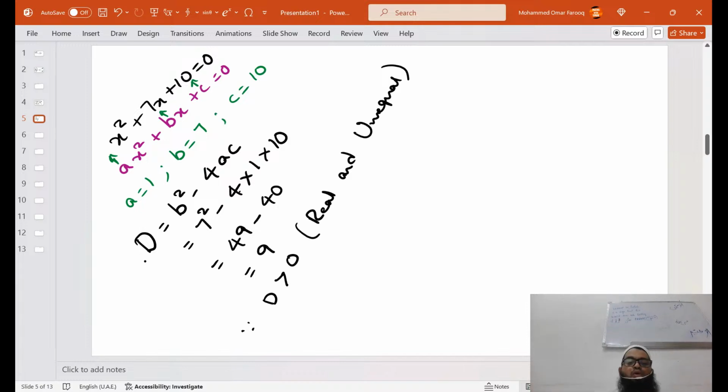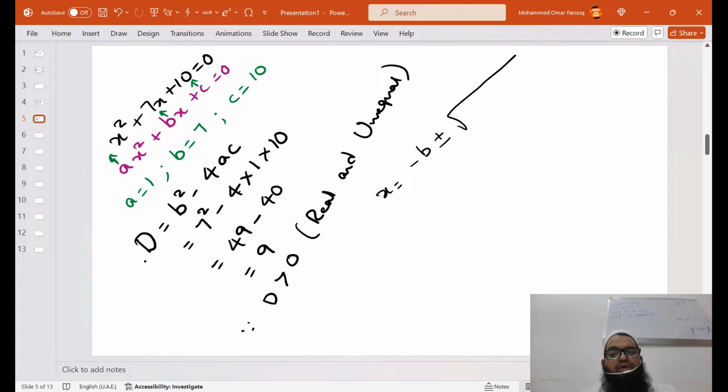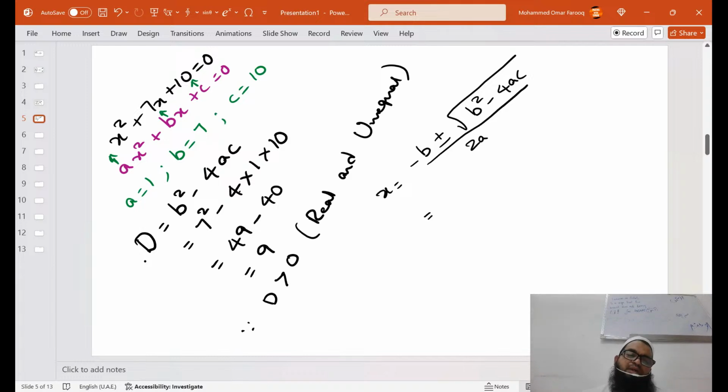Okay, now how to find out x? So therefore, let us take x is equal to minus b plus or minus square root of b square minus 4ac divided by 2a. Now, what is minus b? It is minus 7 plus or minus square root of b square minus 4ac, which we have done.